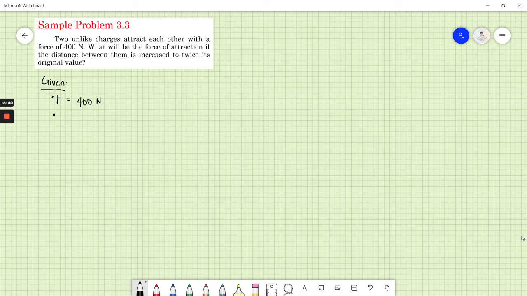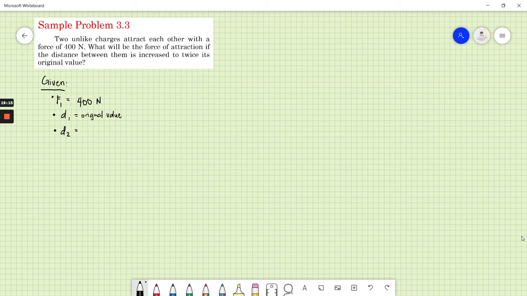And we're also given that we want to increase the distance between them to twice its original value. So what we can do is denote d1 as the original value, and let's write F1 here. So this is the original force at the original distance.